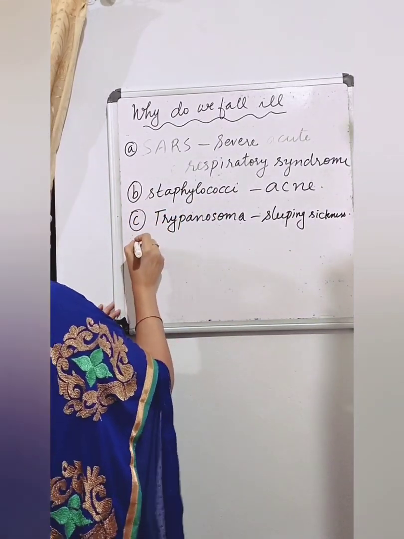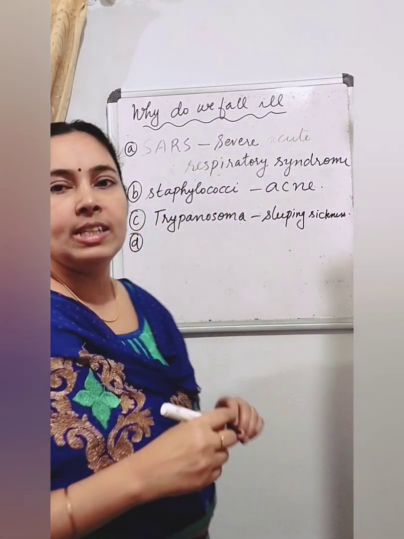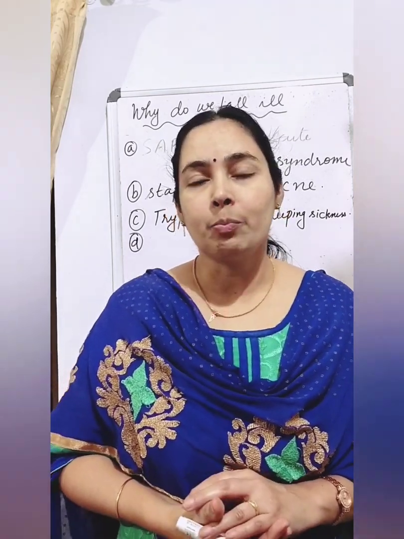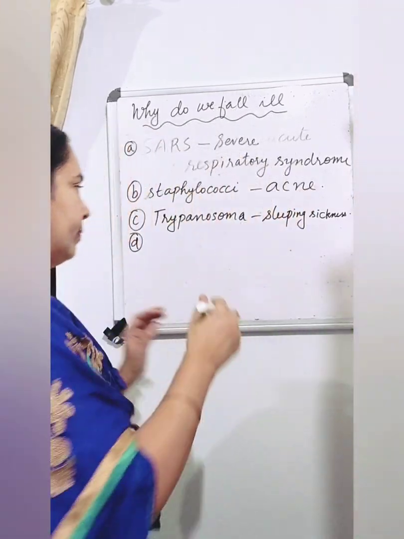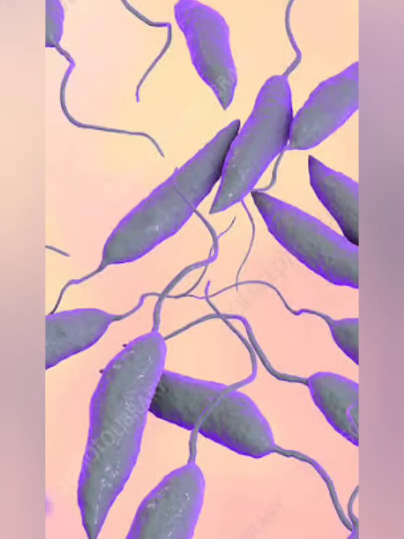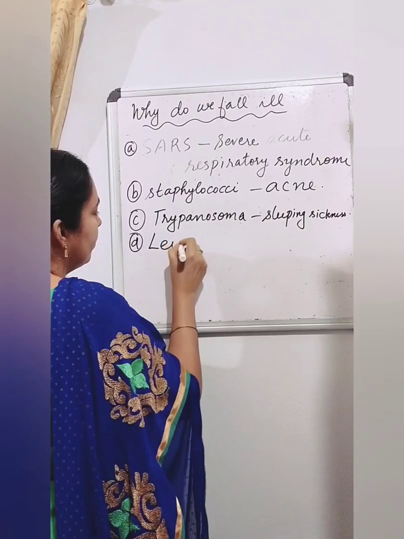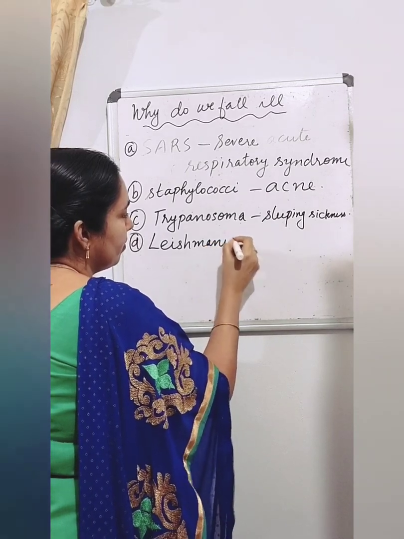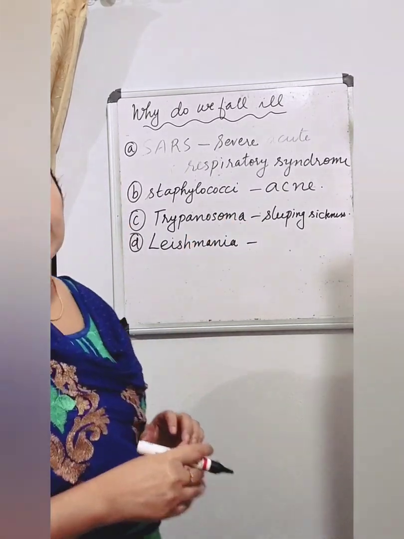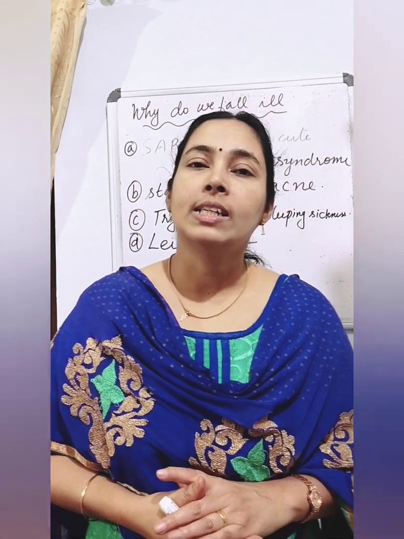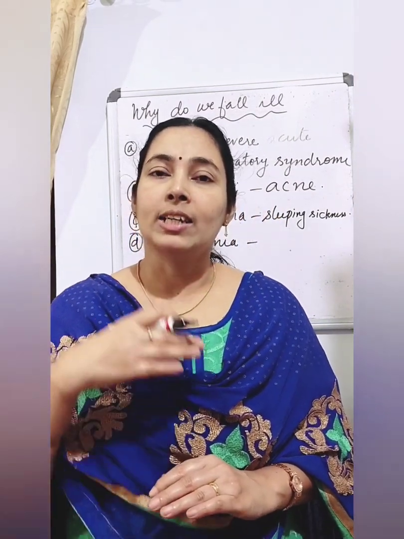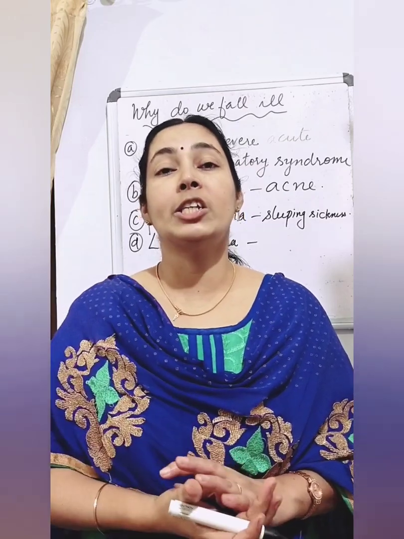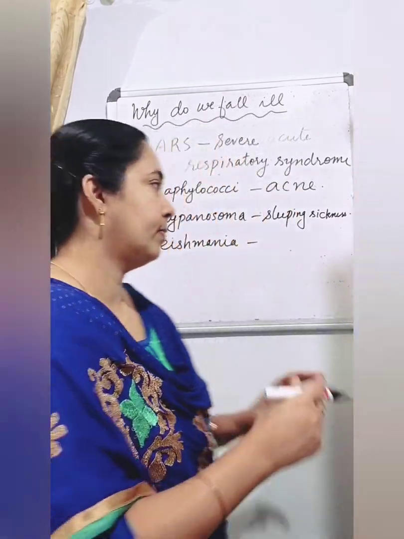Then 13.1d, it is the picture of a protozoa called Leishmania. And this Leishmania causes the disease called Kala Azar, or it is called black fever, or it is called Leishmaniasis.